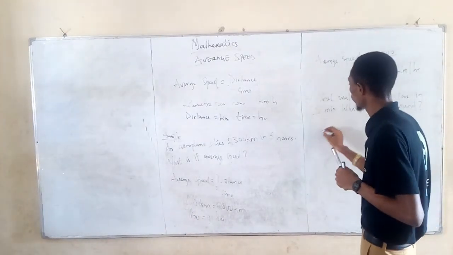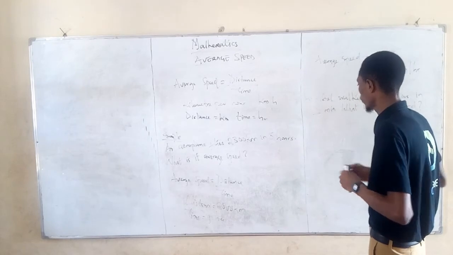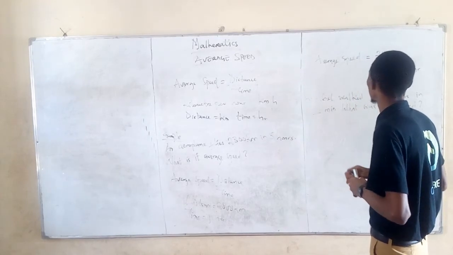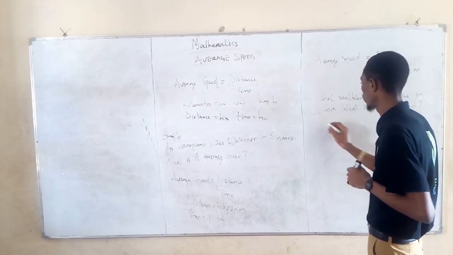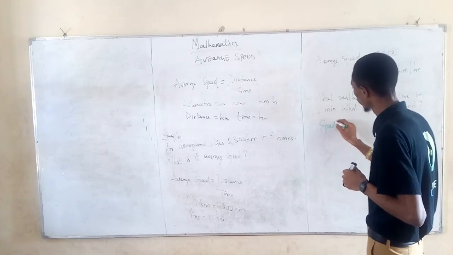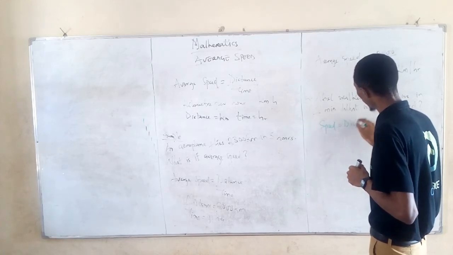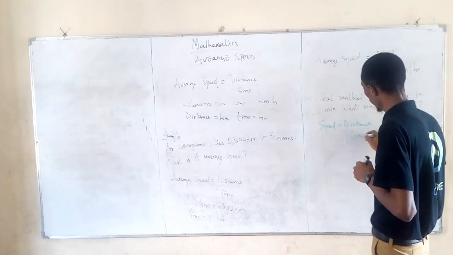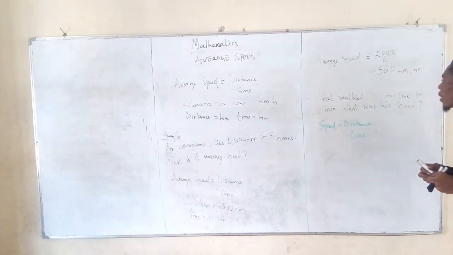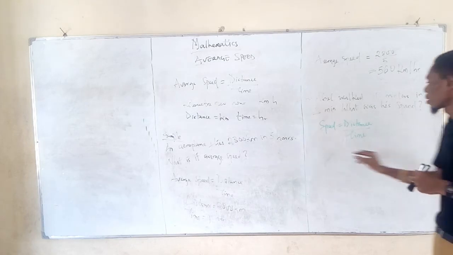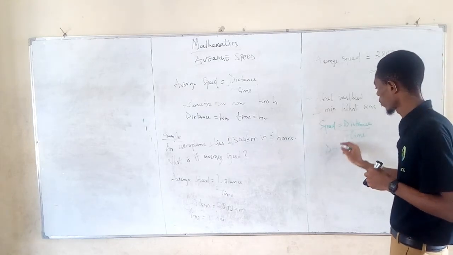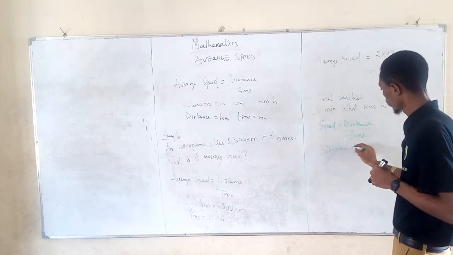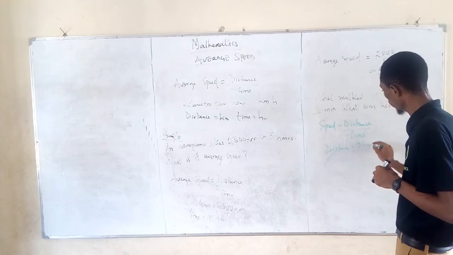And our speed is what? Our speed is the distance traveled over time. What's our distance traveled? Our distance traveled is 90 meters.